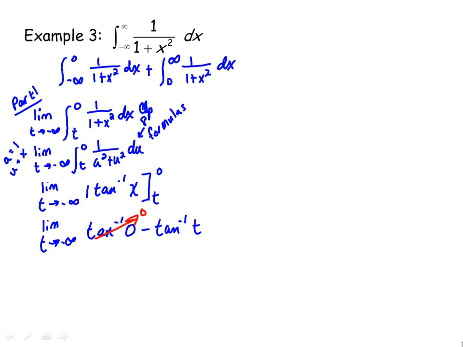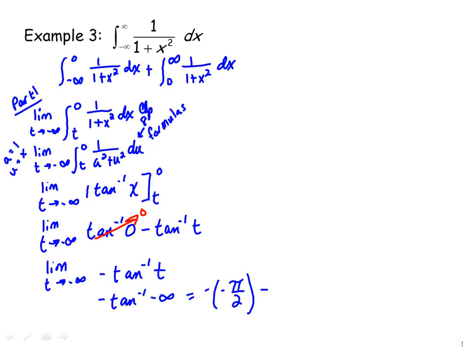So when I apply the limit of negative tangent inverse of t, that's going to be negative tangent inverse of negative infinity. And you just told me that if tangent inverse approaches negative infinity, we're approaching negative pi over 2, which is going to be pi over 2.